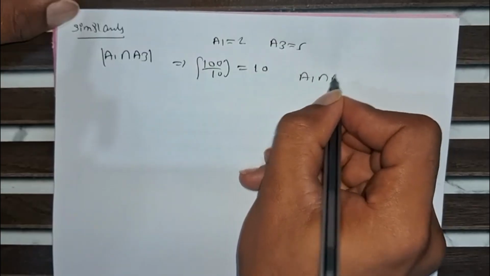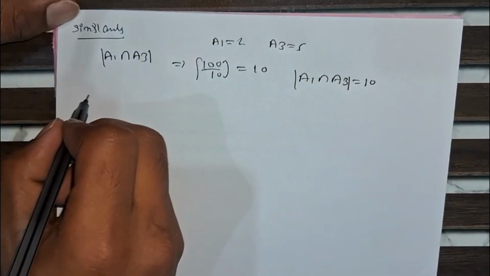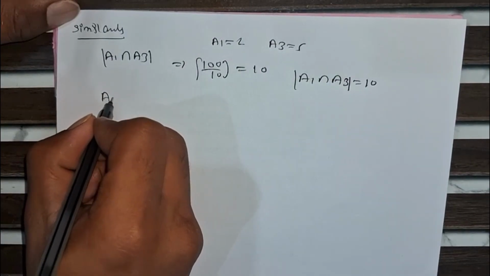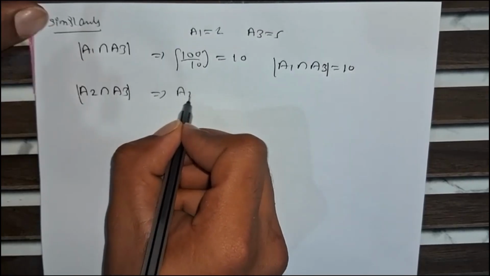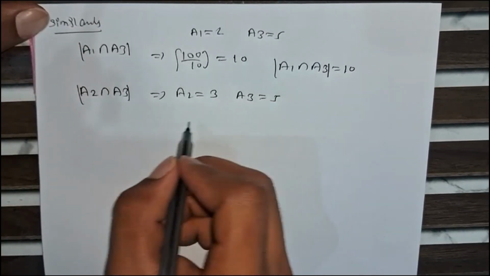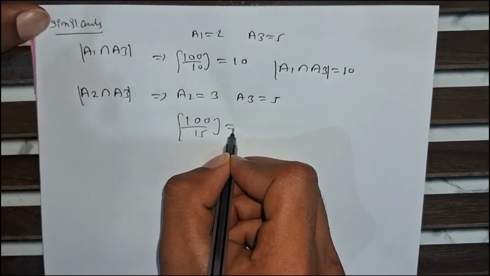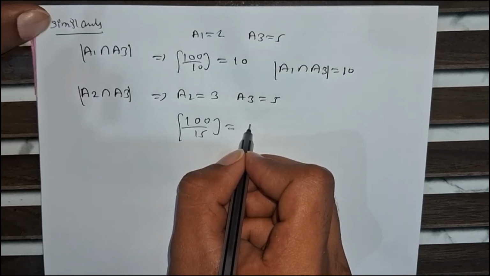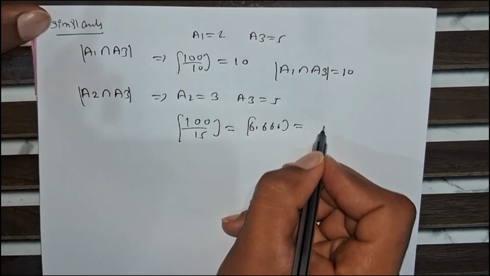So A1 intersection A3 equals 10. Now A2 intersection A3. A2 equals 3 and A3 equals 5, so the LCM is 15. So 100 divided by 15 equals 6.666. This is considered as 6.